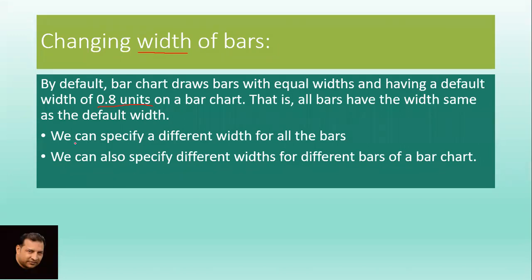Next, we can specify a different width for all the bars. It means instead of 0.8, we can provide 0.5. Then 0.5 will work for all the bars, so the width of all will be equal. We can also specify different widths for different bars. Let us see how.